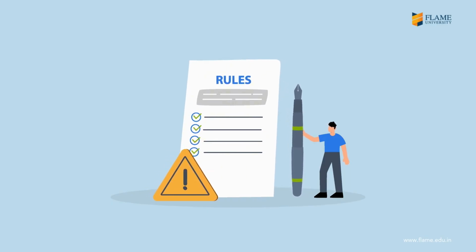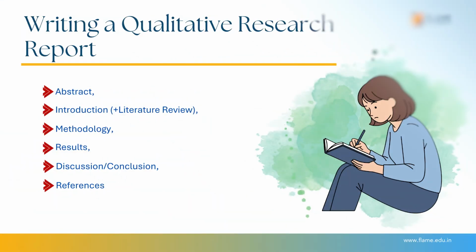We will discuss these guidelines after we learn the key sections of report writing. The key sections of qualitative report writing are abstract, introduction, methodology, results, discussion and conclusion, and references. While you can craft the report writing according to your skill, creativity, and reflexivity differently from others, the key sections will remain the same in all empirical research writing.